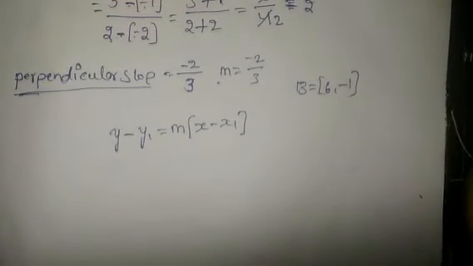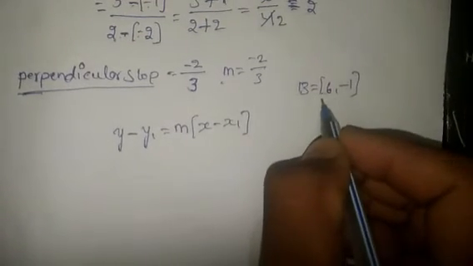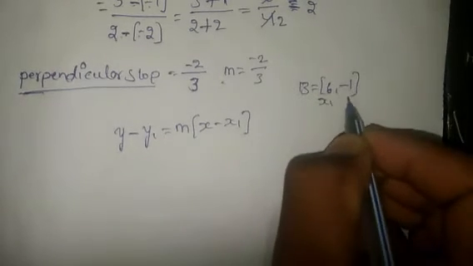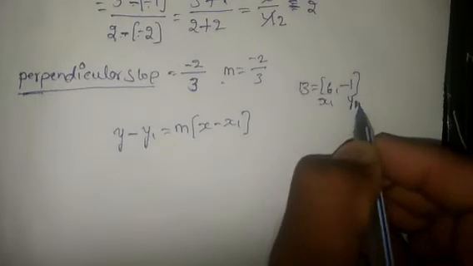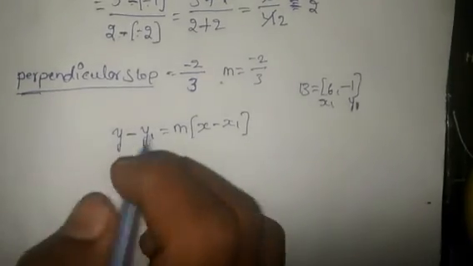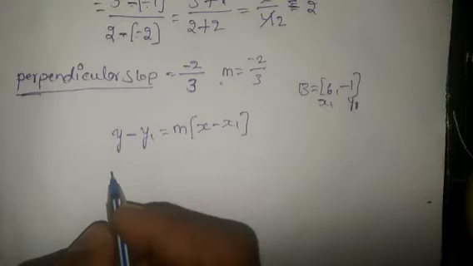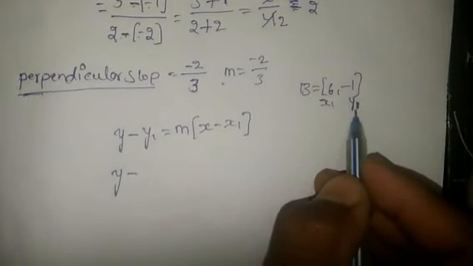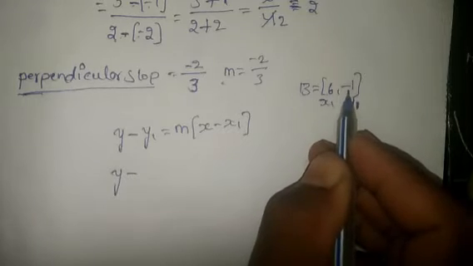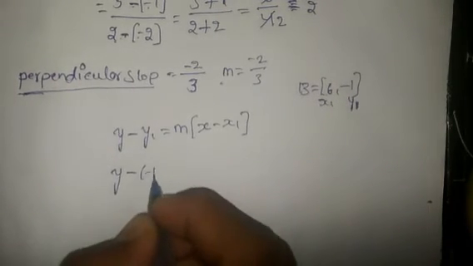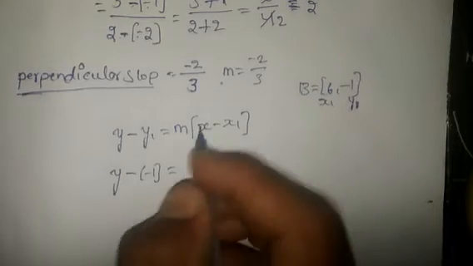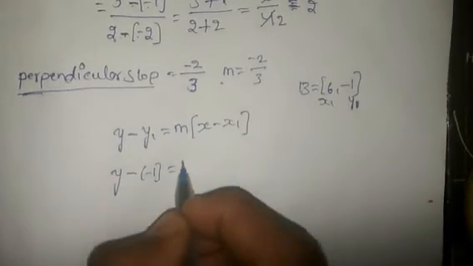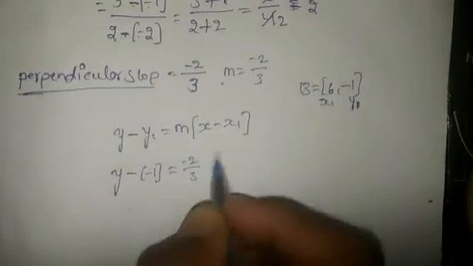So now B value 6 includes x1 and y1. We don't know the y value, so write it as y, and minus, but we know the y1 value, that is minus 1, and the m value, we also know, minus 2 by 3.